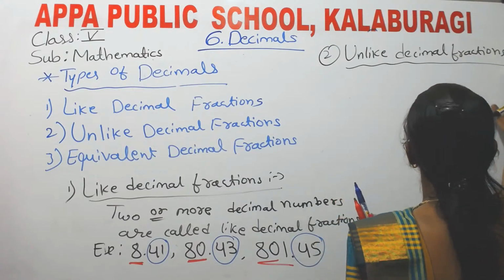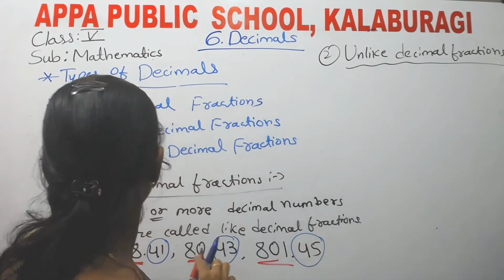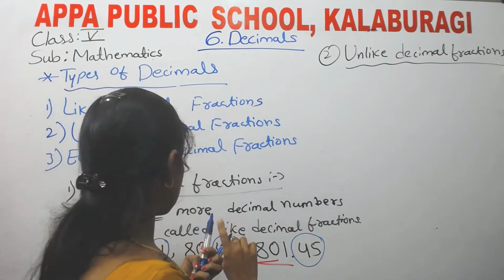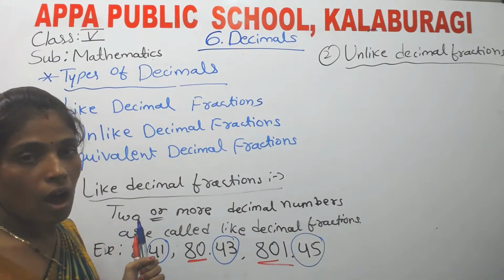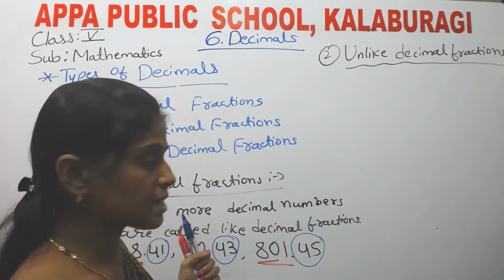Here also, two or more decimal numbers are called unlike decimals.